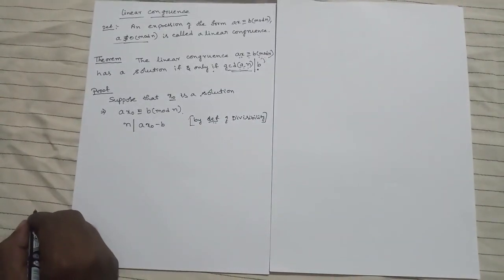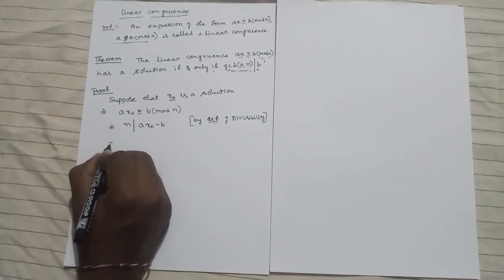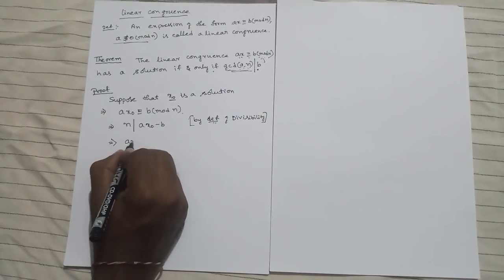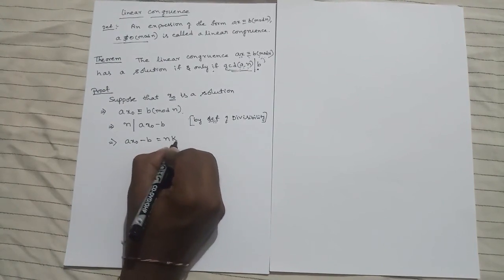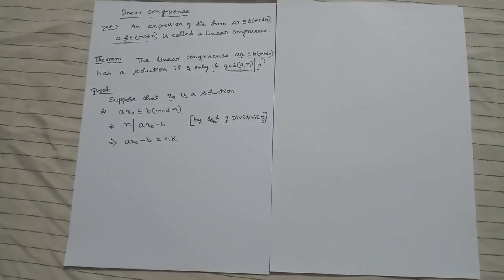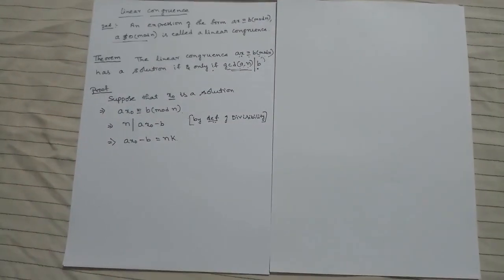By the definition of divisibility you can write a x naught minus b equals n times k.